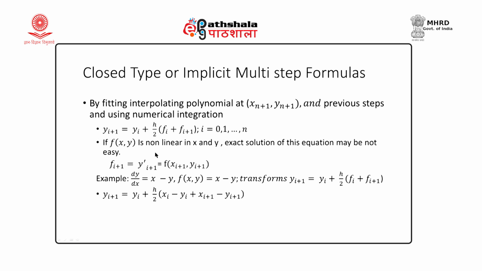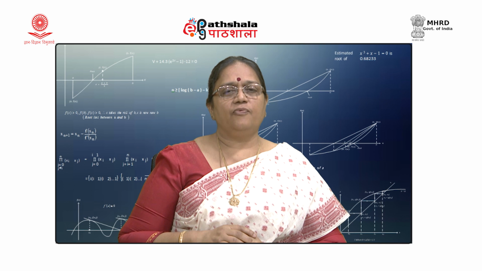To illustrate, take the same example, dy by dx is x minus y, so f of x, y will be x minus y. So yi plus 1 becomes yi plus h by 2, fi plus fi plus 1, where fi is xi minus yi and fi plus 1 will become xi plus 1 minus yi plus 1. It is called closed type, which is obvious because we are using xi plus 1 in the formula.